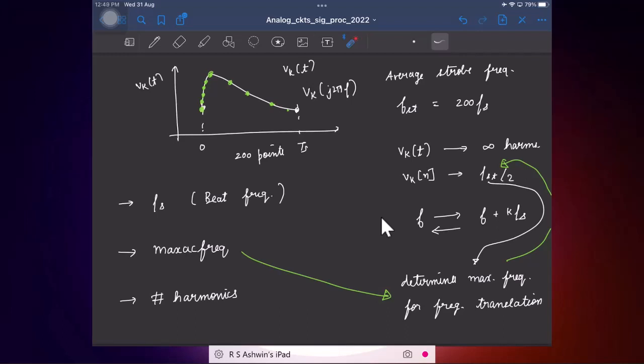And the moment you set the maximum number of harmonics you need, even the strobe period should be set accordingly, because if you want to represent some frequency, you need to sample it at a much higher rate. So this will also indirectly set the strobe period, the strobe frequency, and this will also indirectly affect the maximum frequency that you can have for frequency translation.